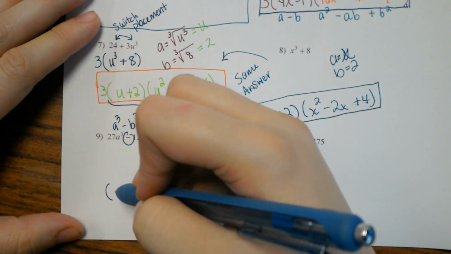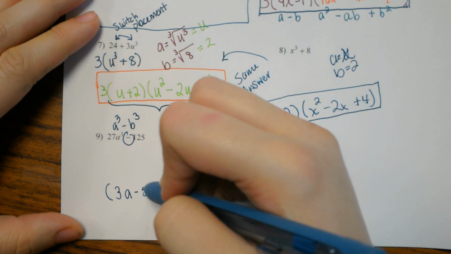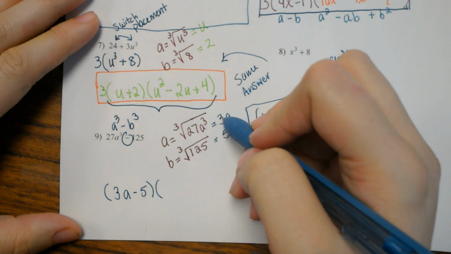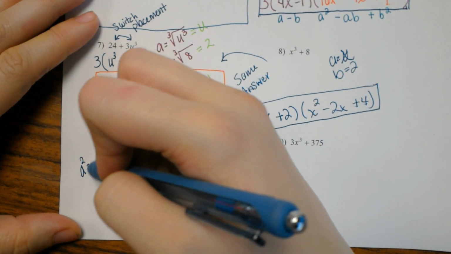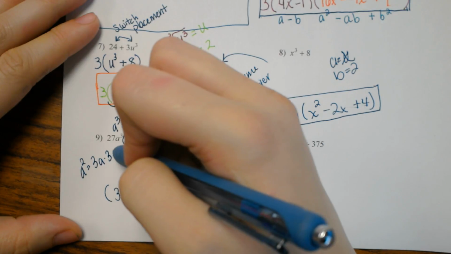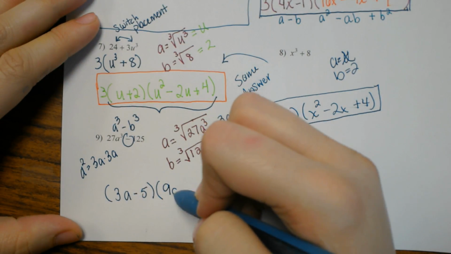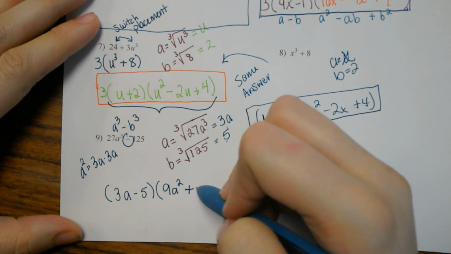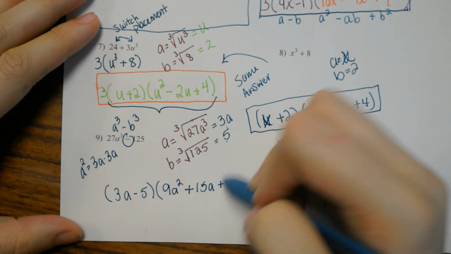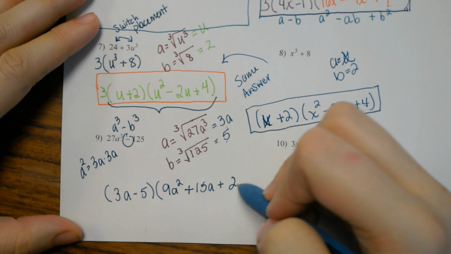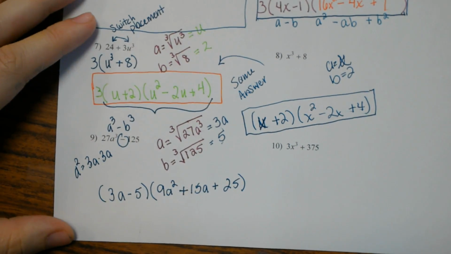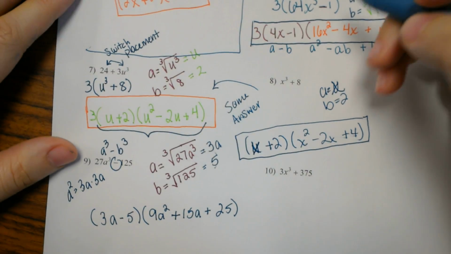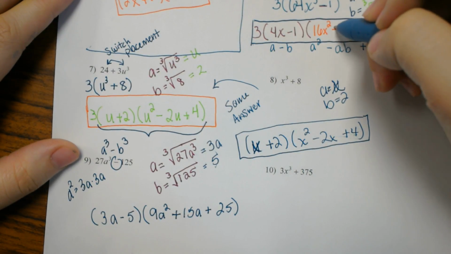I say 3a minus 5 times a squared, which is 3a times 3a. That's 9a squared. Plus, you multiply those to get 15a. Then you square b and get 25. Oh, I messed up on 7. That should be a plus.